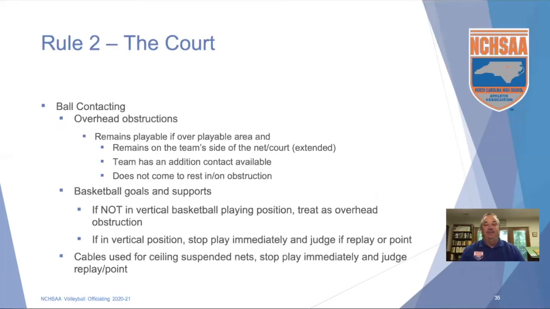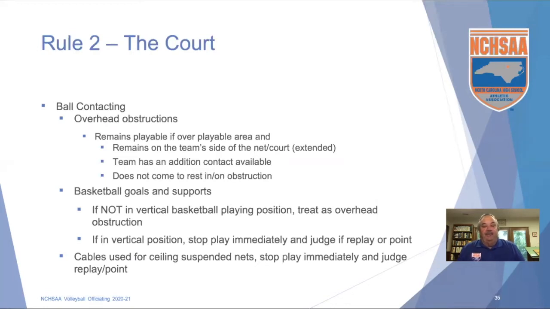Some of the ways the rule book is set up, I'm not particularly sure make a lot of sense, but one of the things about the court they talk about is overhead obstructions. We do not have any sort of limits as to how low ceilings can be or how low obstructions can be over the court. But what we're going to do is play everything that's above the court as a playable obstruction.